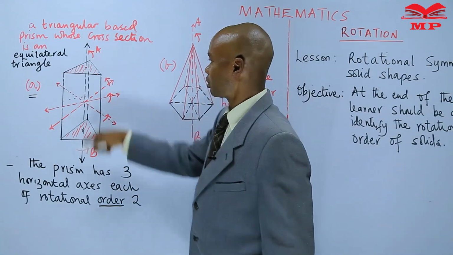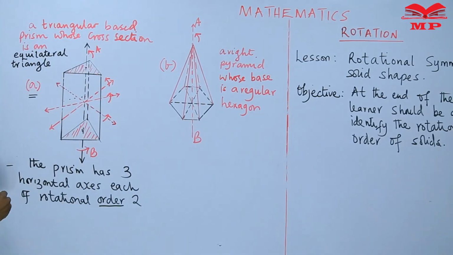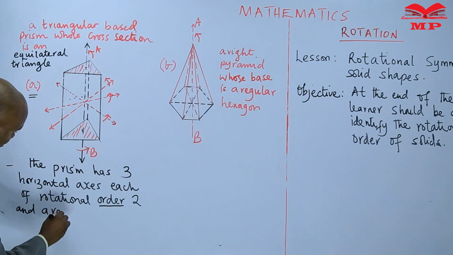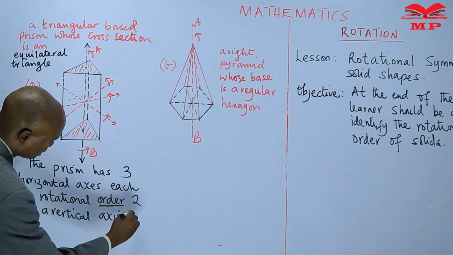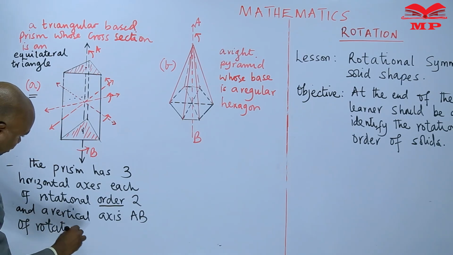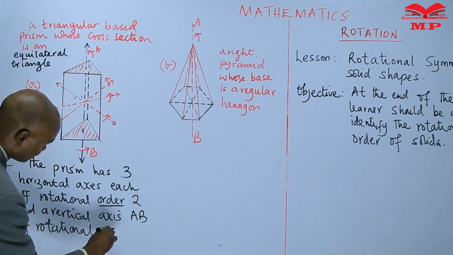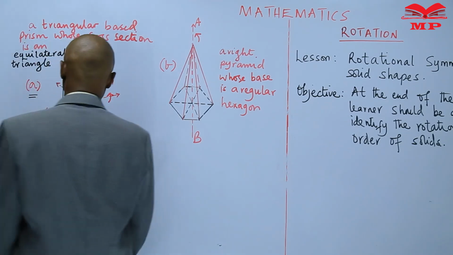And there is a vertical axis there, and you can complete that by saying a vertical axis AB of rotational order, let's see the order now.